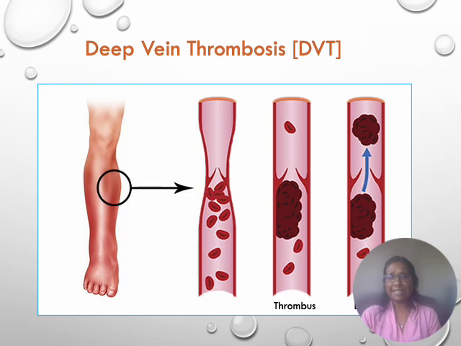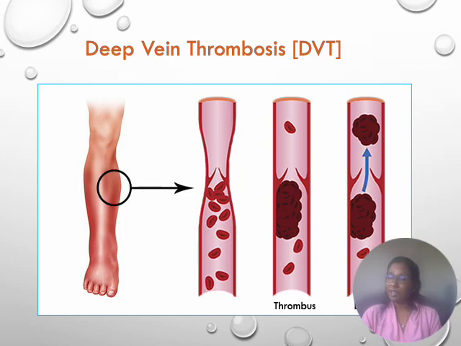If at all it gets dislodged, as is shown in the picture, we call it an embolus. An embolus within the deep vein can pass up all along the deep veins, reach the heart through the right atrium, end up in the right ventricle and, through the pulmonary arterial trunk, end up in the lung, leading to pulmonary embolism.